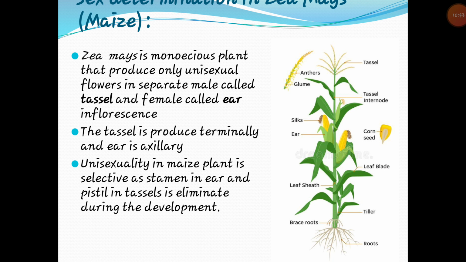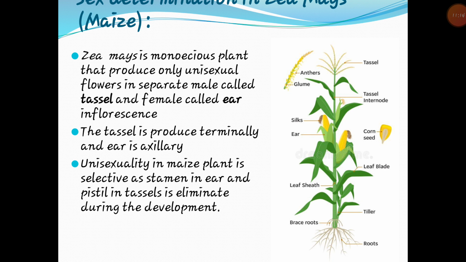So first we'll see sex determination in maize. Maize is a monoecious plant that produces only unisexual flowers in separate inflorescences, the male called tassel and the female called ear. Tassel is produced terminally and ear is axillary.